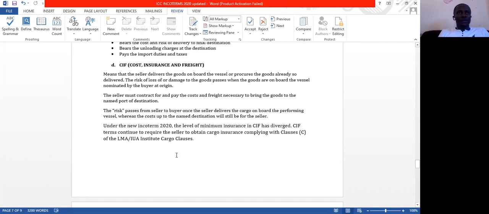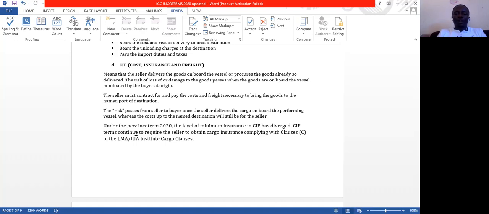the CIF, a very common one again. Now, it means that the seller delivers the goods on board the vessel or procures the goods already so delivered. The risk of loss or damage to the goods passes when the goods are on board the vessel nominated by the buyers at the origin.